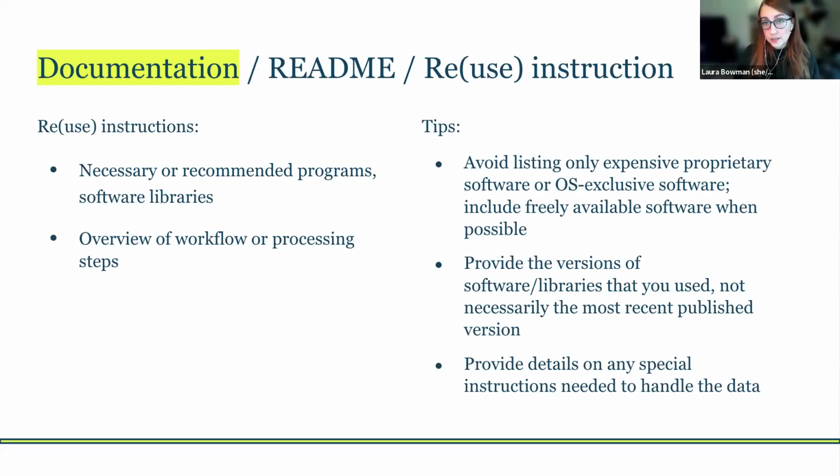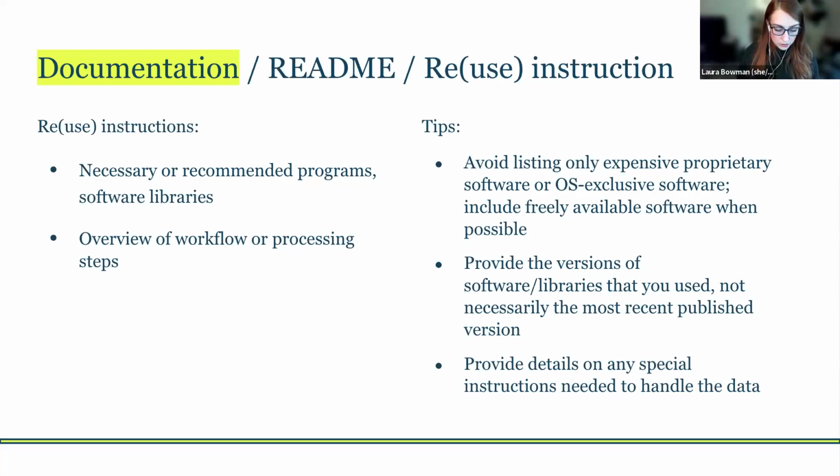The tips for these: in making your data accessible, please avoid listing only expensive proprietary software. Putting data freely available that requires a $10,000 license to open isn't really freely available. Likewise, when you have an operating system exclusive program, it limits the reuse potential of that data.